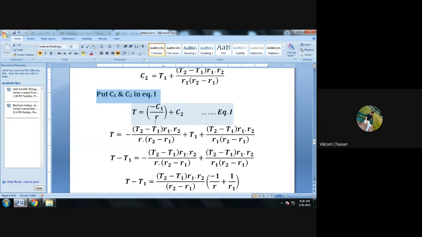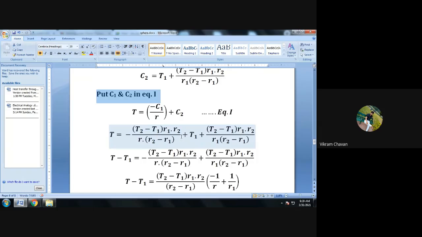So after putting the C1 and C2 equations in equation number Roman 1, we will get T is equal to minus of (T2 minus T1) multiplied by R1 multiplied by R2, whole divided by R multiplied by (R2 minus R1). This is the first term, minus sign as it is, and the C1 equation is (T2 minus T1) multiplied by R1 multiplied by R2, and R as it is here.